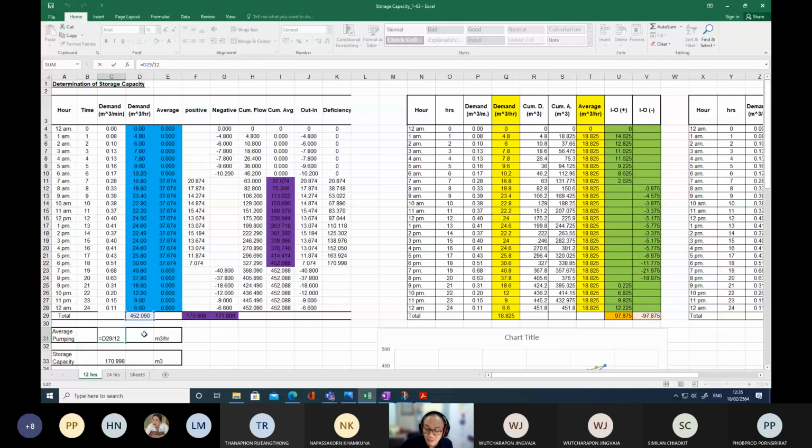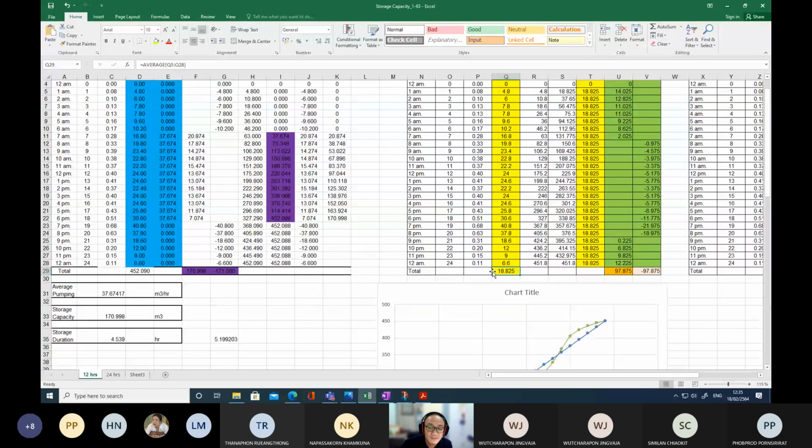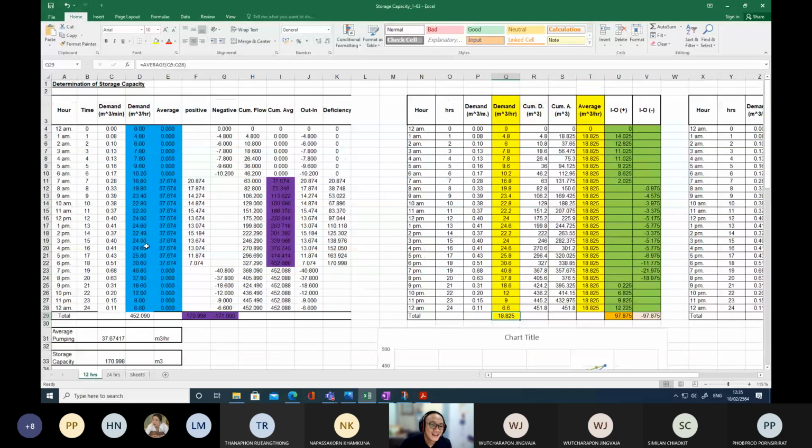If you divide by 12, the average flow would be 37.67. But if you divide by 24, you would get 18.8.